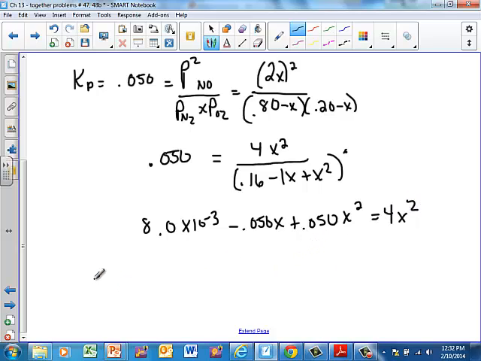Okay, so then if I go ahead and bring the 4x squared over, actually what I'm going to do is bring everything over to the 4x squared side. So I'm going to take this stuff and subtract and end up with it over here.